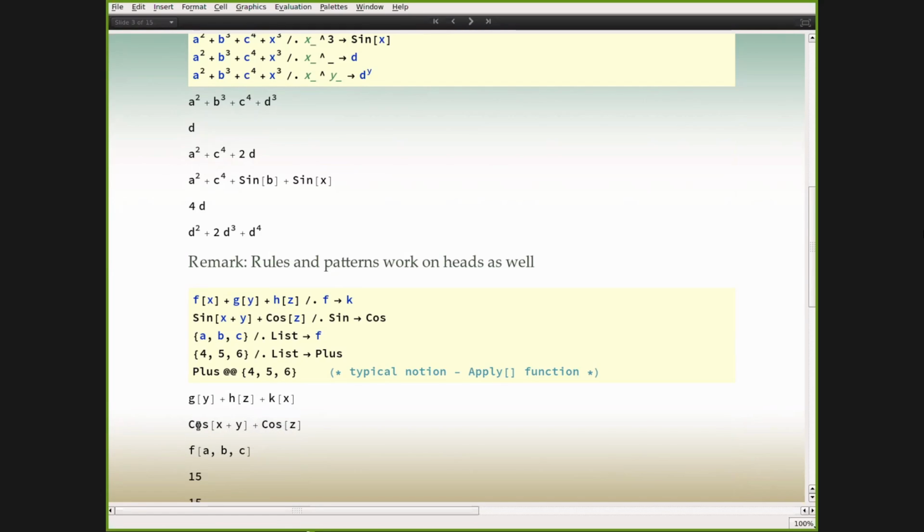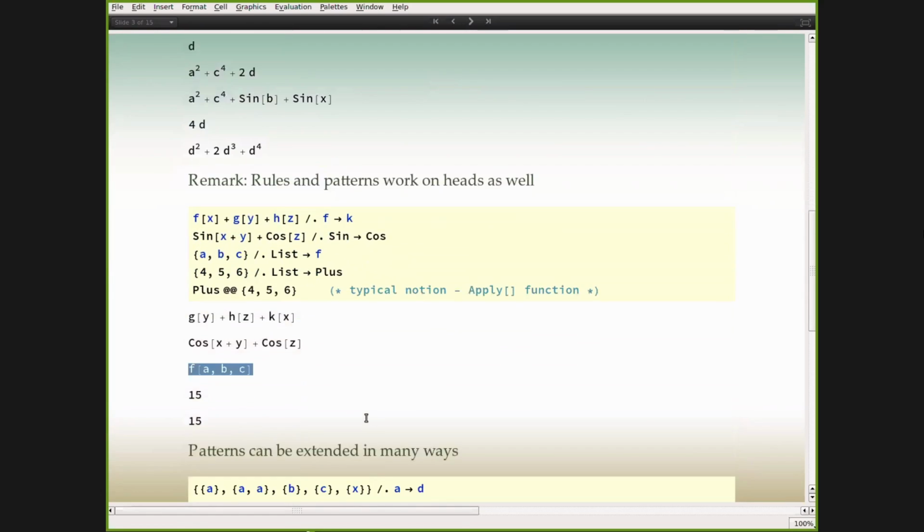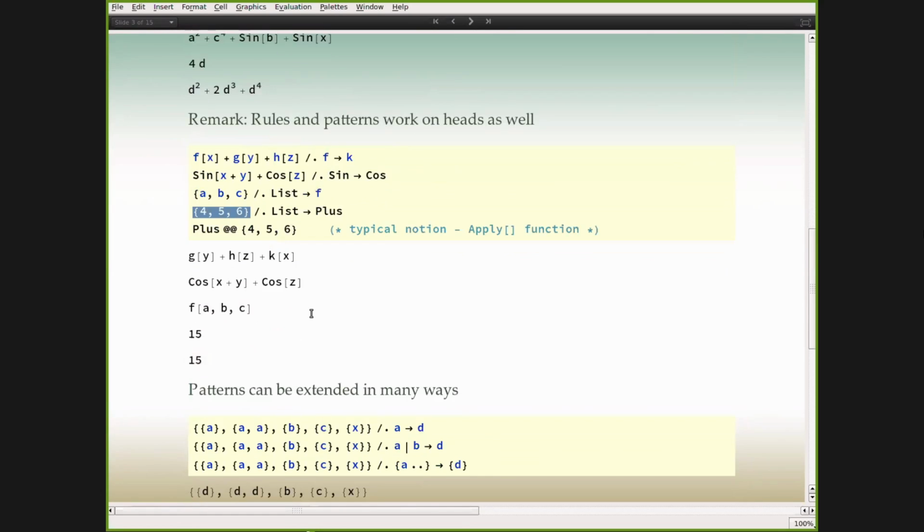So you'll see that instead of sine, we have cosine here. In this place, we had a list of 3 elements. Now we have a function with 3 arguments, and here I have changed the head list to plus. So the elements of this list were summed up, which is very similar to what I would do when I use the apply function.